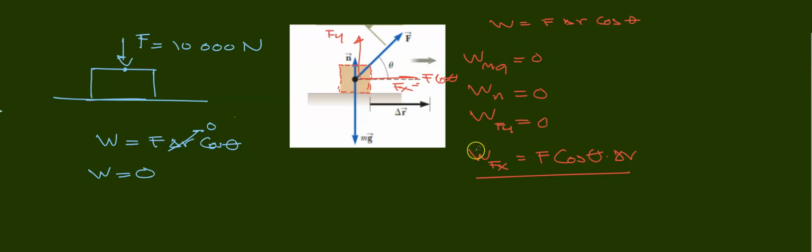So if we calculate the total work done, just like before, if you wanted to calculate the total work on the box, you have to do the work done by the normal plus the work done by gravity plus the work done by the force. And we saw that most of them were zero. Well, in this case now, if we want to calculate the total work, we're going to do the work done by all the forces. But there is only one, which is gravity. So the total work is the work done by gravity.